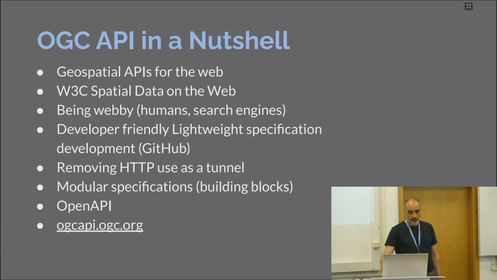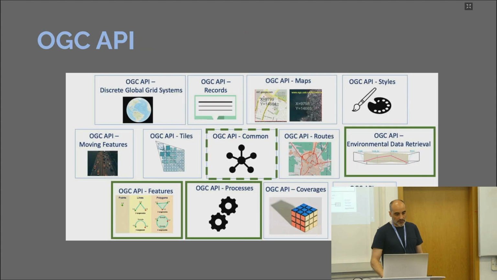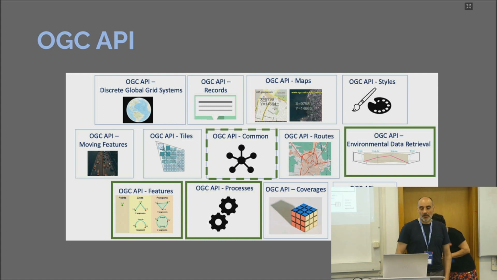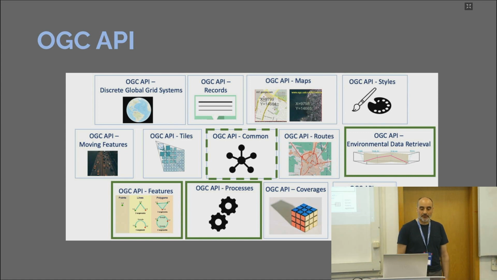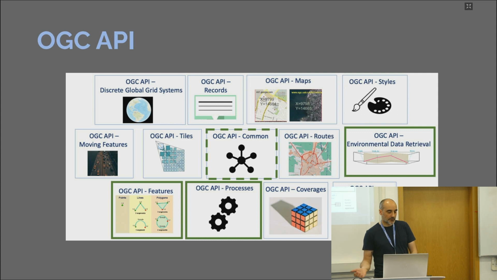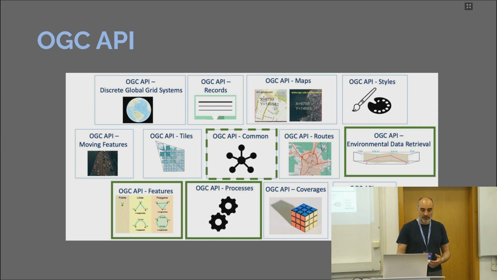I'm going to tell you about pygeoapi in a while. This is basically a big picture of the landscape of the different APIs. Some of them are in draft. We have the stable version of OGC API Features, and the tool that I'm going to introduce you, pygeoapi. There will be a dedicated talk about the status of GeoAPI in the next days.